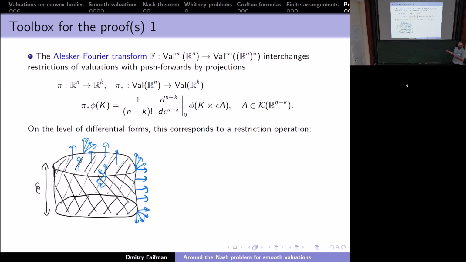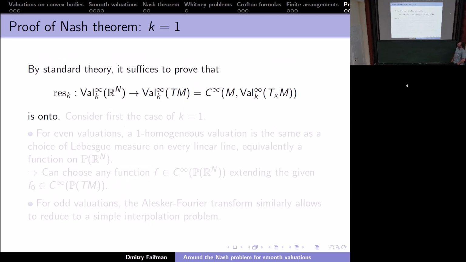You take a product with some body in the complementing dimension, and you shrink it to 0, and you take some derivative. That's a description, and somehow it's clear that the only arrows that participate are the ones that already point in the dimension of your target subspace. Okay, so we can apply this Fourier transform, pass to push forwards, and one problem goes away. Very good.